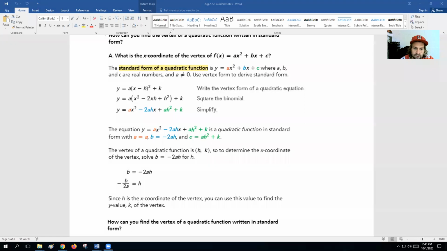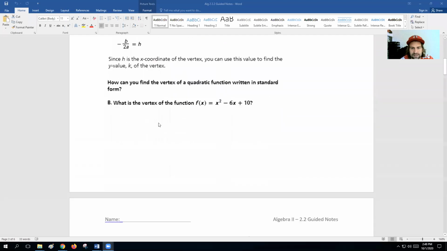So let's go through a problem. It might be easier to go through an example with numbers so you can see. What we have here is an equation in standard form: x squared minus 6x plus 10. First, let's make sure you know what a, b, and c are. A would equal 1, that's the number in front of the x squared. B would equal negative 6, that's the number in front of the x.